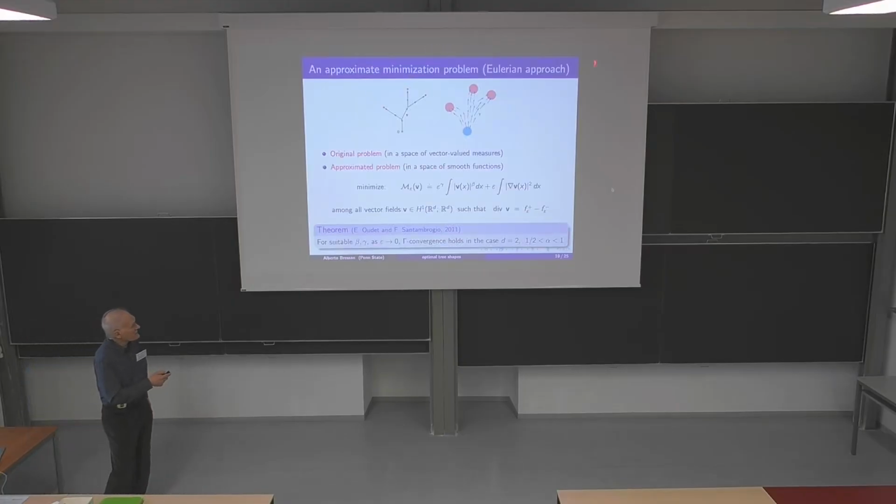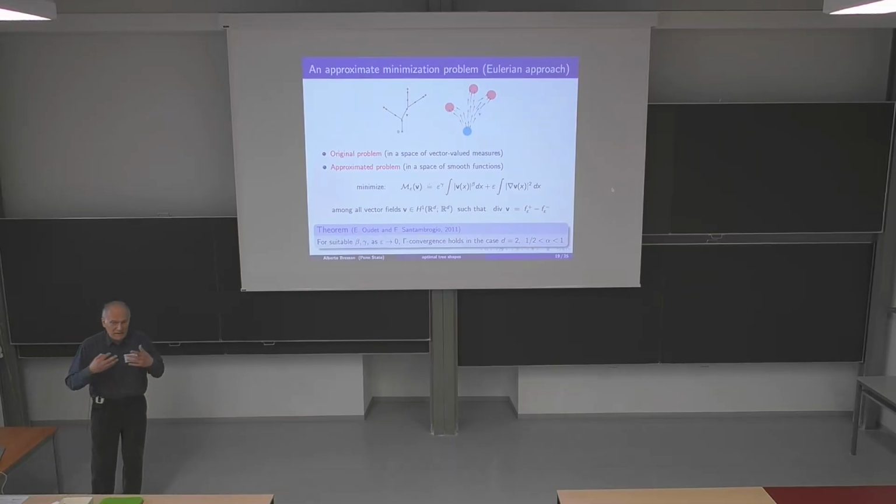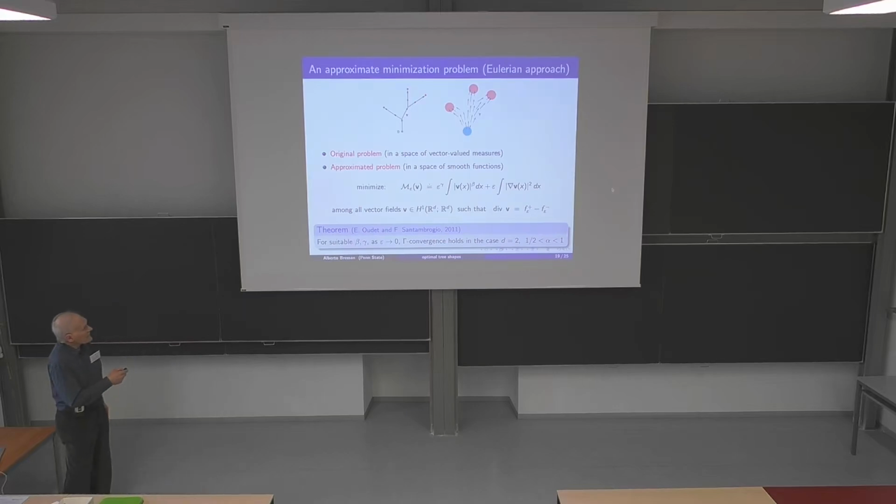One possibility, which was explored by Uday and Samtambrogio some years ago, is you want to mollify, approximate this functional with something which is nicer, more regular, right? So this is following an Eulerian approach. So you think of the original problem in a space of vector valued measures.